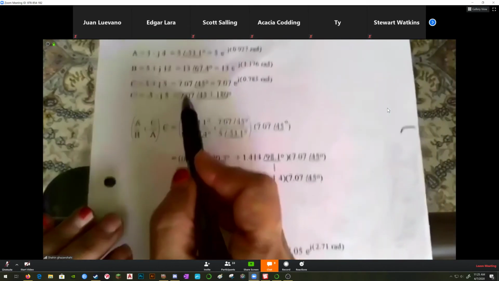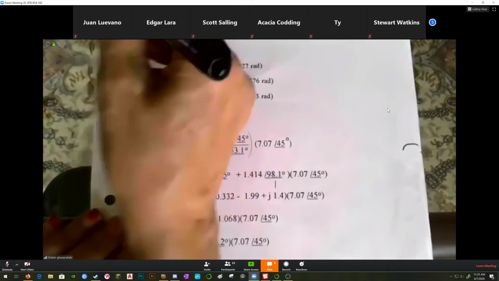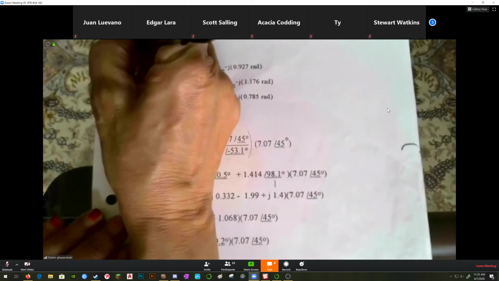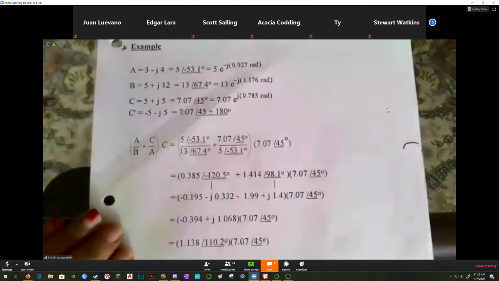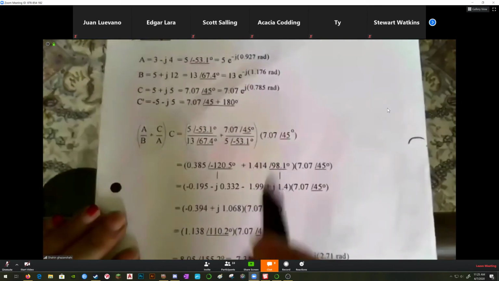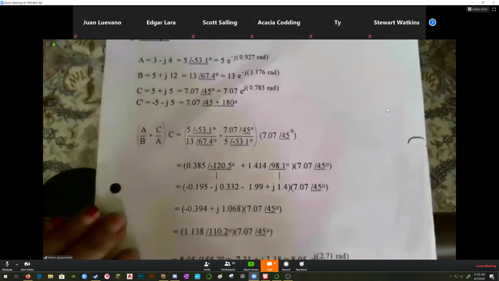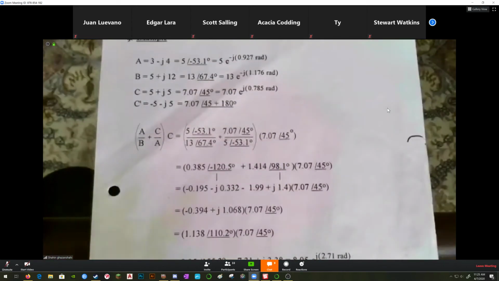This is a good example, and students sometimes make mistakes on it. If you know how to do this example, don't just read it at home. Go ahead and do the calculation yourself and verify your answer with my answer. Then you know that you know complex numbers, okay? So try to do this at home.